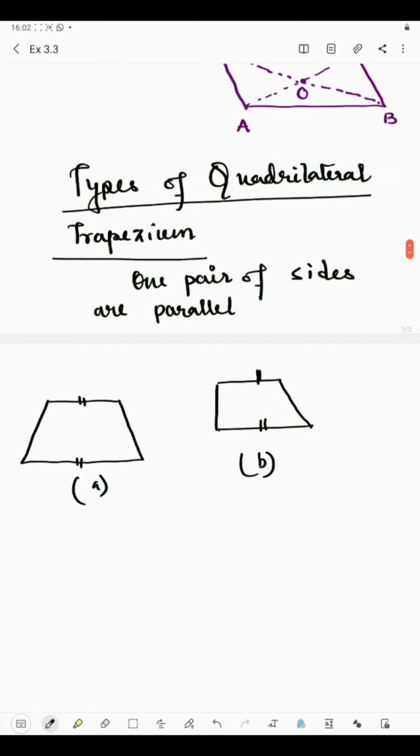Now a kite is also a type of quadrilateral. It's a special type of quadrilateral. A kite has 4 sides, and here 2 consecutive pairs are of equal length. So these and these are equal, these and these are equal.